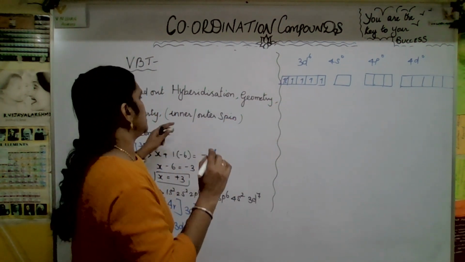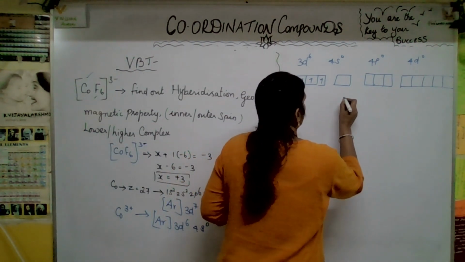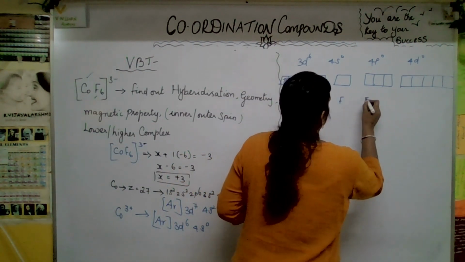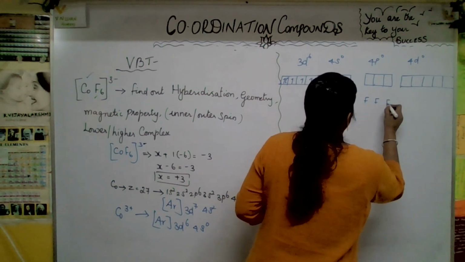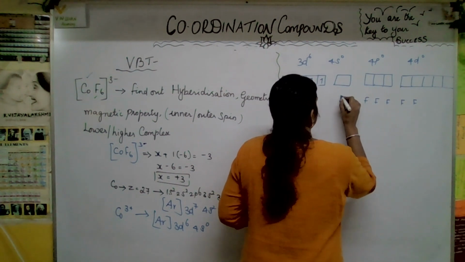Now the fluoride ions, from where will they fill? From here. How many? 1, 2, 3, 4, 5 and 6.